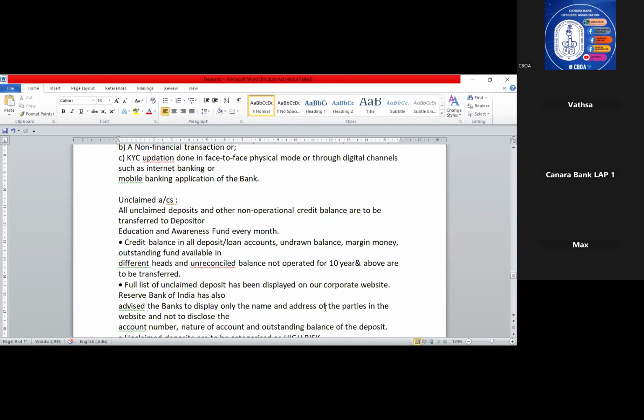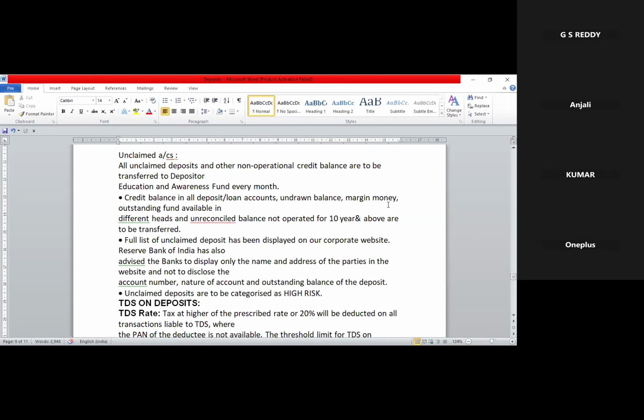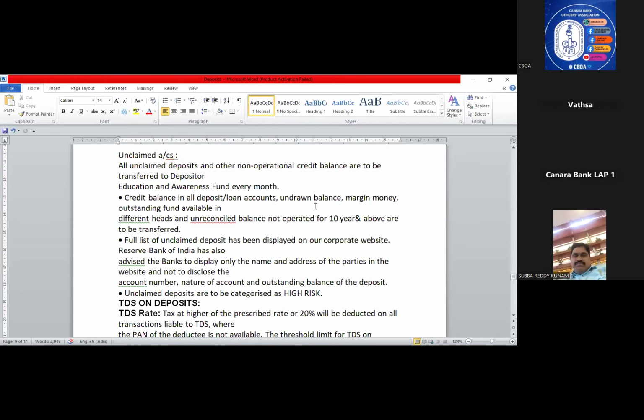It will be moved. Okay, now earlier it was happening once in a year. Now every month it is happening. Credit balance, margin money outstanding fund available in different heads.